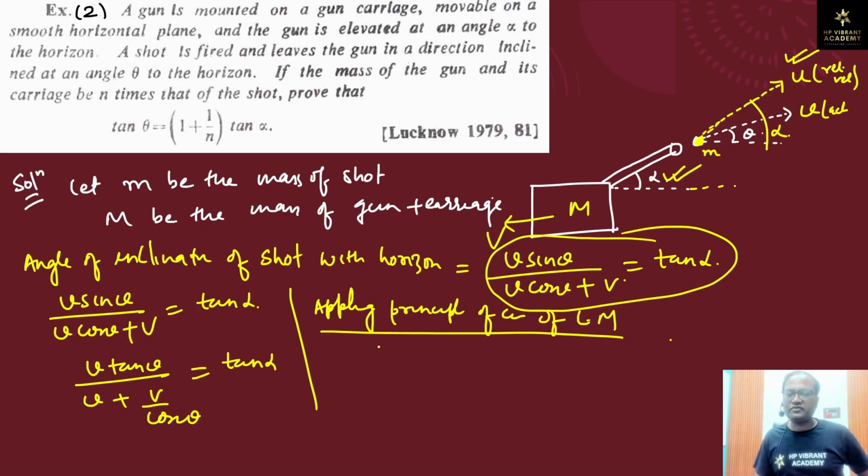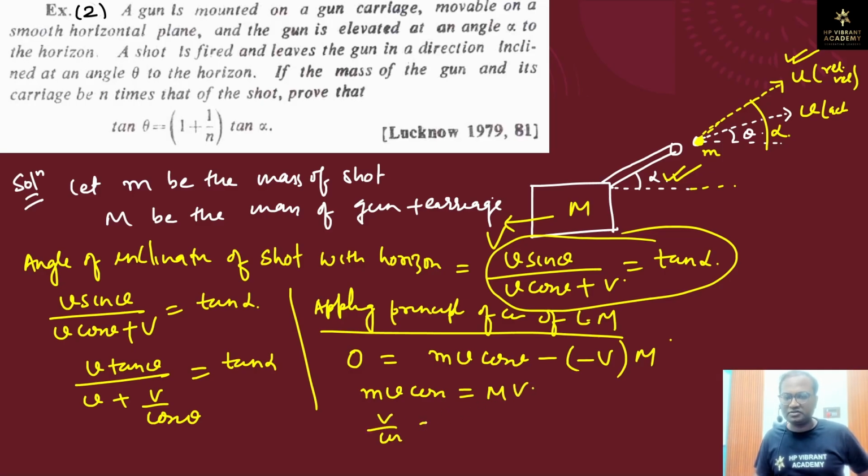The momentum before firing is 0 because the whole system is at rest, and momentum after firing will be small m v cos theta minus capital MV. So from here we have V upon cos theta is equal to M small v upon capital M cos theta. Let us place the value here.